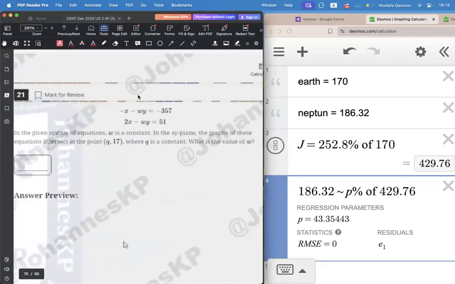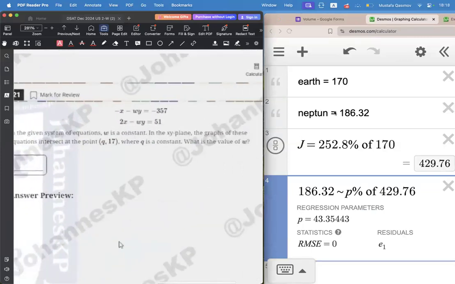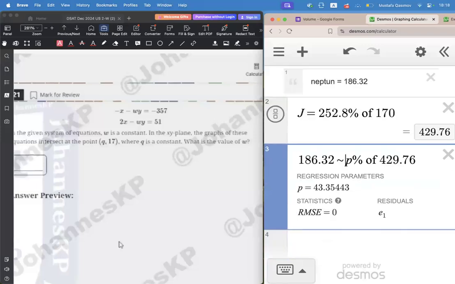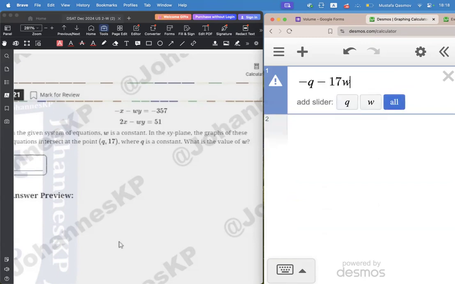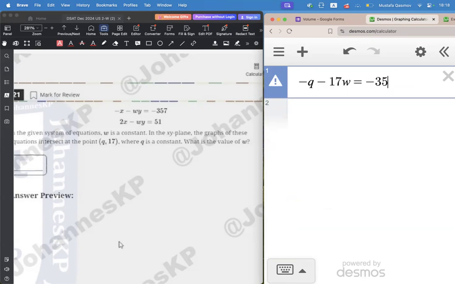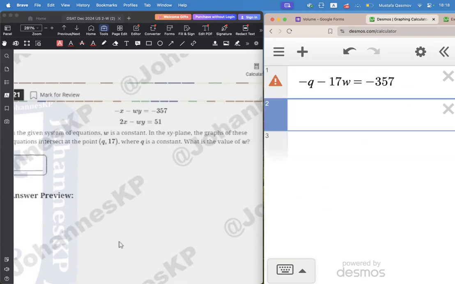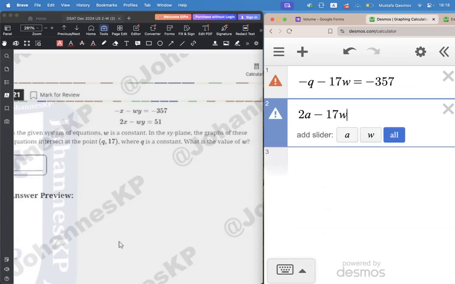21. You must write these values here instead of x and y. Then you will get negative q minus 17 w is equal to 357, 2q minus 17 w is equal to 51.